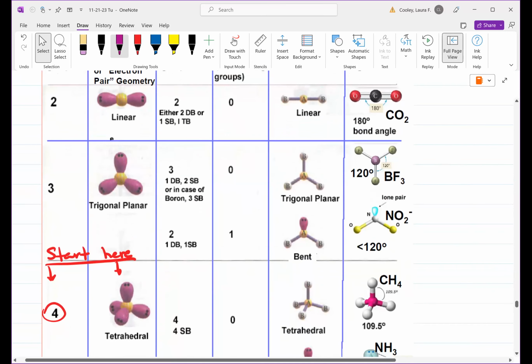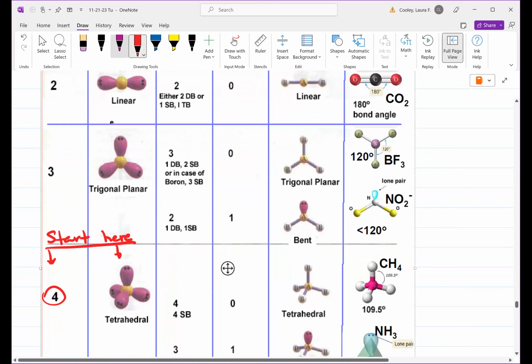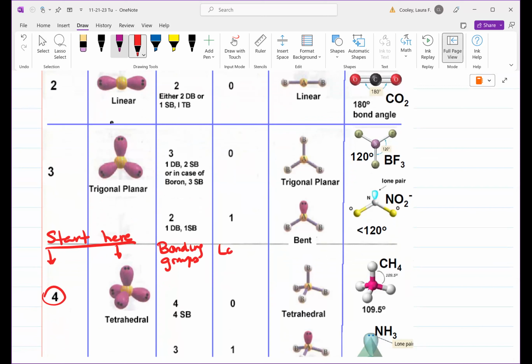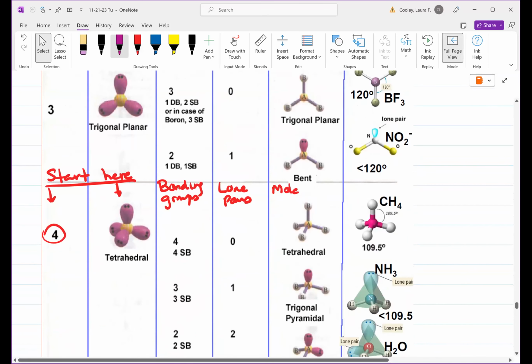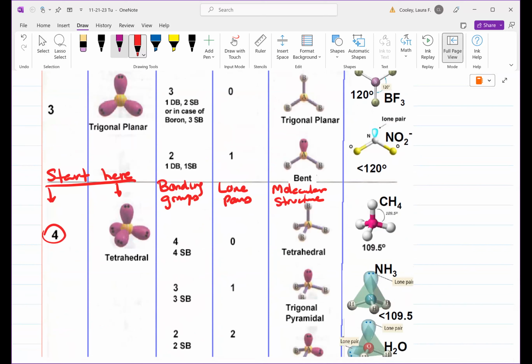And then it says bonding groups. So these are bonding groups. These are lone pairs. And these are the different molecular geometries, or your book calls them molecular structure. I tend to call them shape.